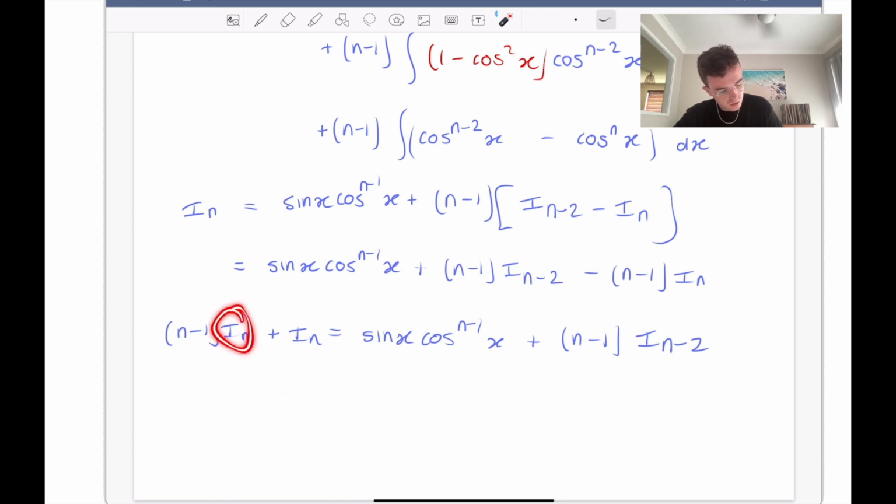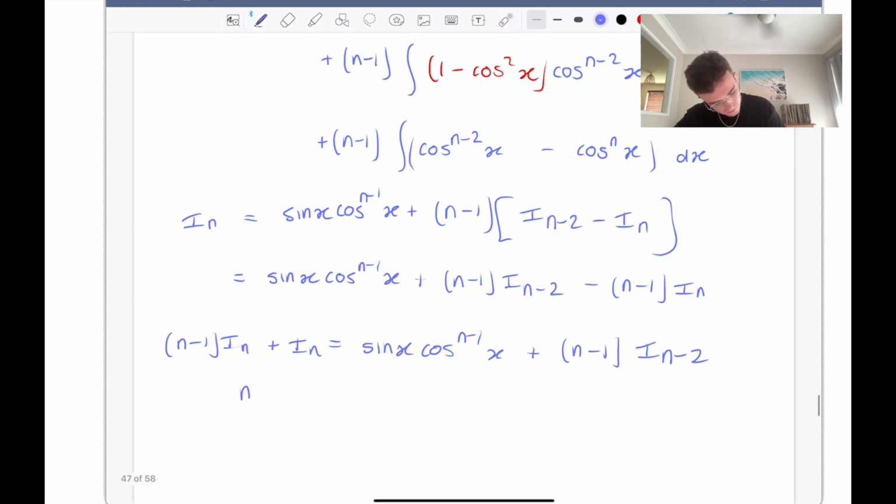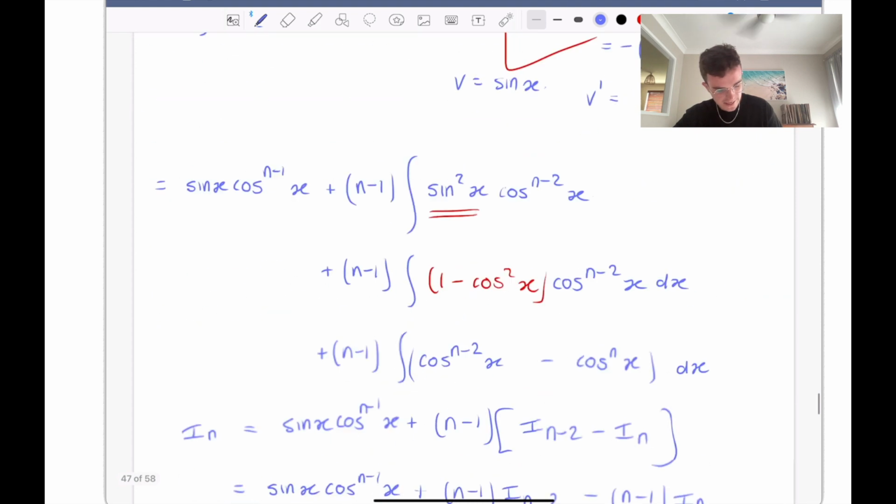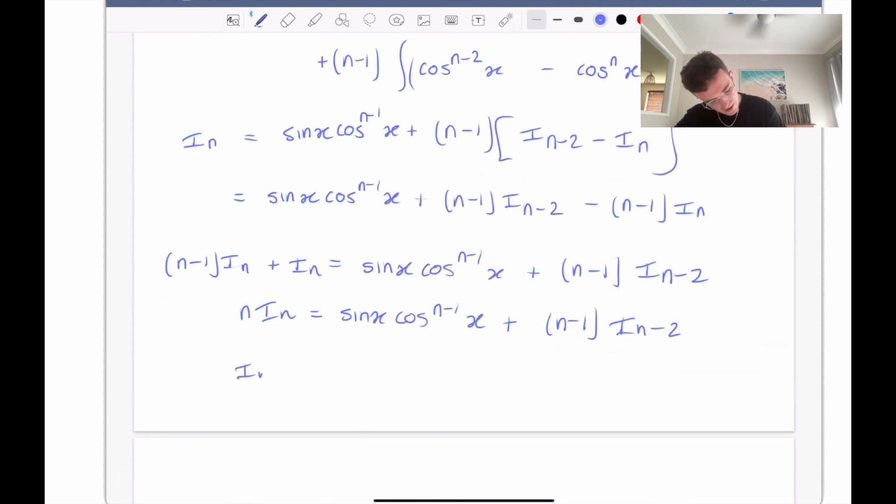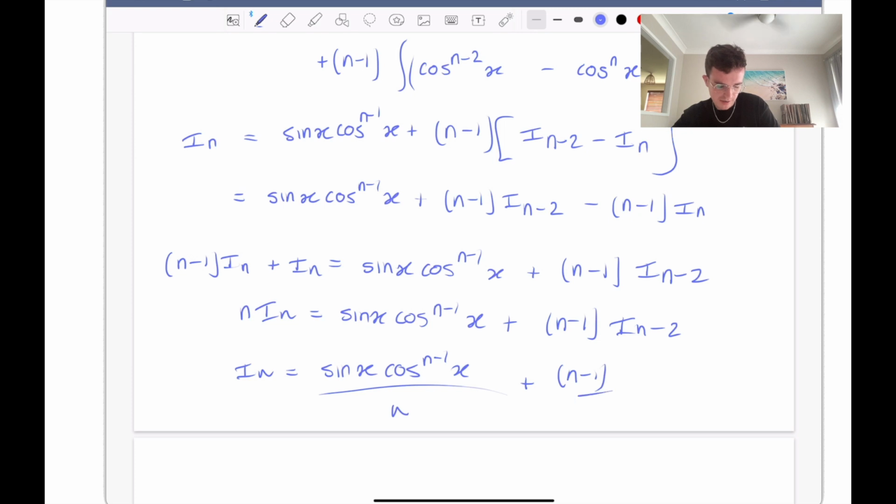So the I of n's will die, and it's going to be n I of n equals sine of x cos n minus 1 x plus n minus 1 I n minus 2. And we just divide by n, and we're done. So I n is equal to sine of x cos of n minus 1 of x on n plus n minus 1 on n I of n minus 2. That one was actually really easy.